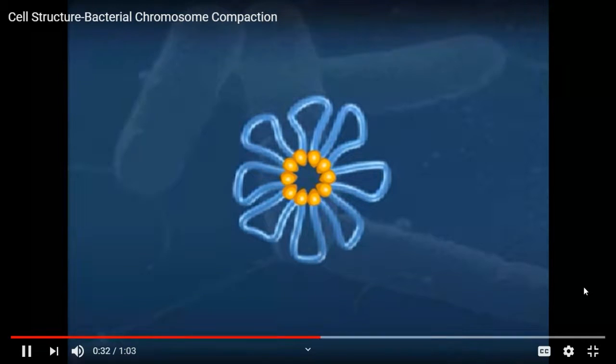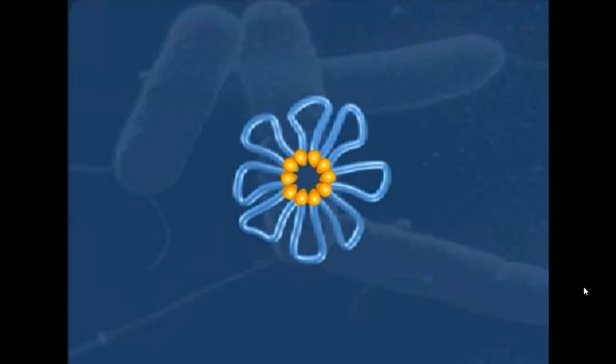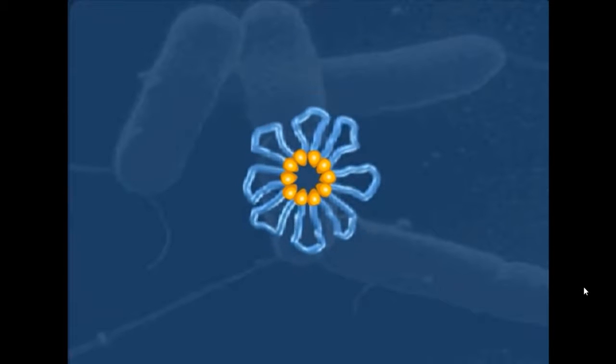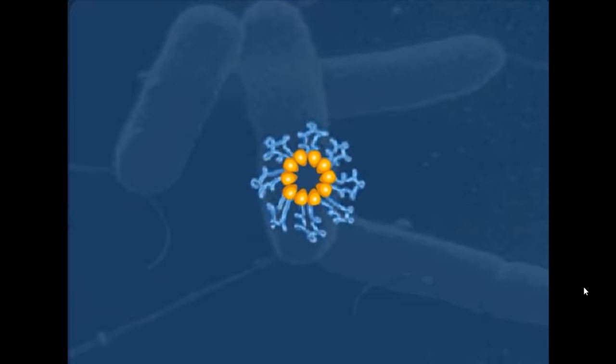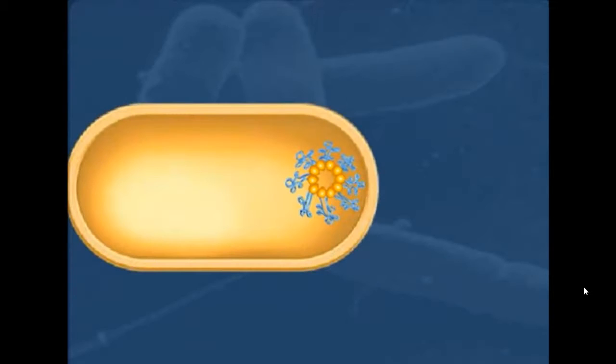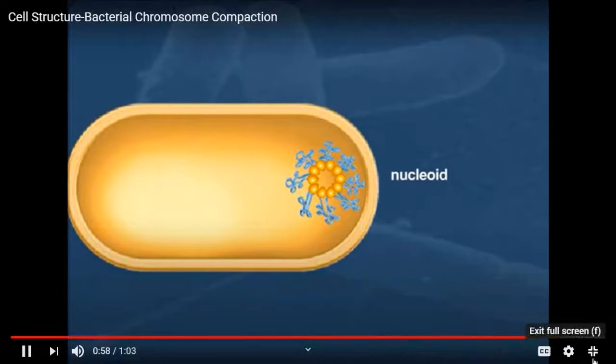Supercoiling is introduced in the DNA molecule, causing it to compact upon itself. Looping and supercoiling make the bacterial chromosome complex within the bacterial cell.